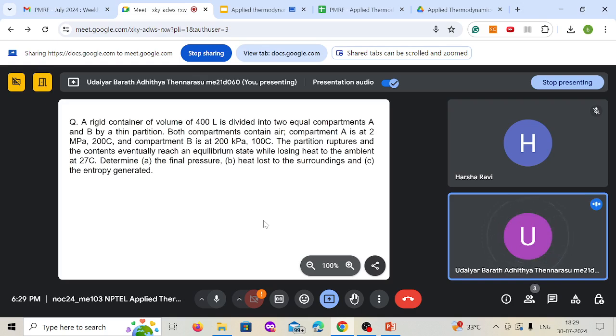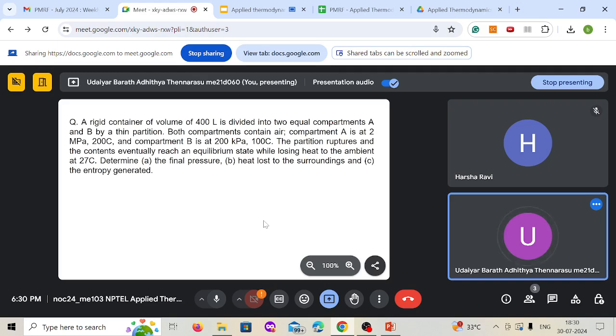First we have a rigid container, so that container is fixed, you cannot deform it. The container is divided into two parts, and the whole container volume is 400 liter. Both compartments have air in them, and there is a difference in pressure and temperature. Compartment A pressure is 2 megapascal and compartment B is at 200 kilopascal, and compartment A temperature is 200 degrees Celsius while here it's 100 degrees Celsius.